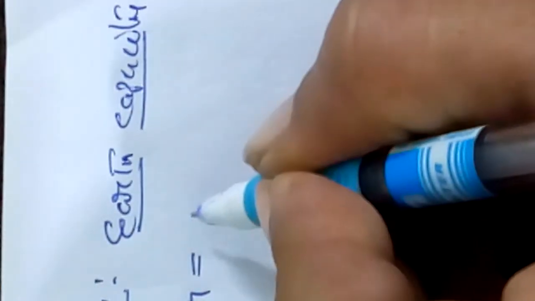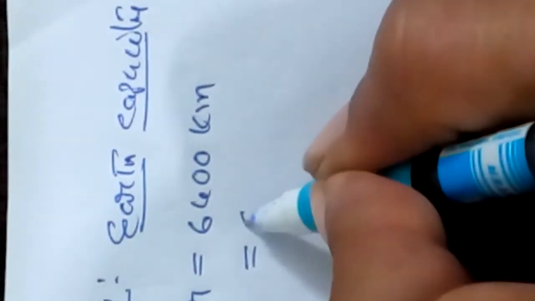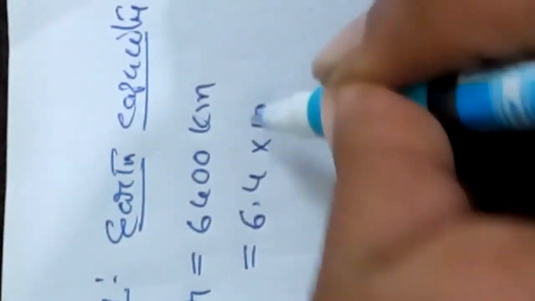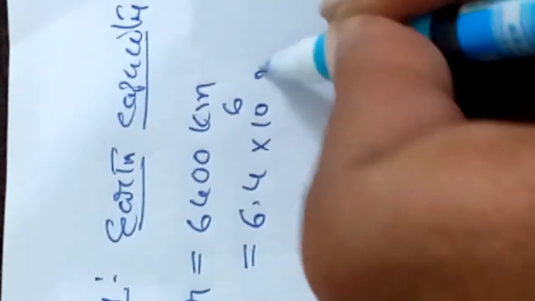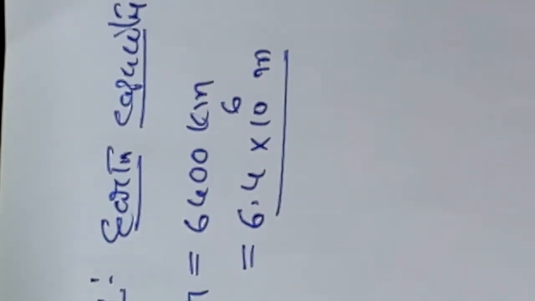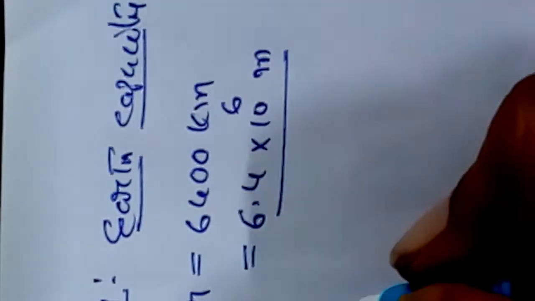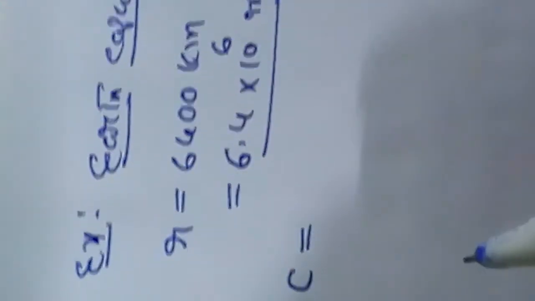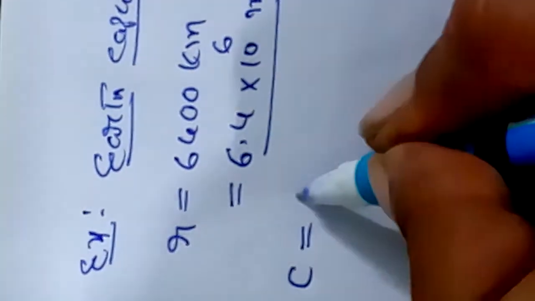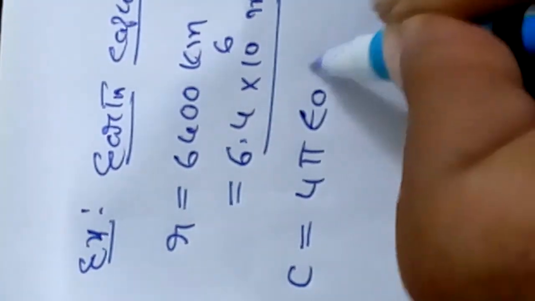We know that the radius of the earth is 6400 kilometers. Now I can represent it as 6.4 into 10 power 6 meters. Now if I take the capacitance of earth, the formula is 4 pi epsilon naught r.